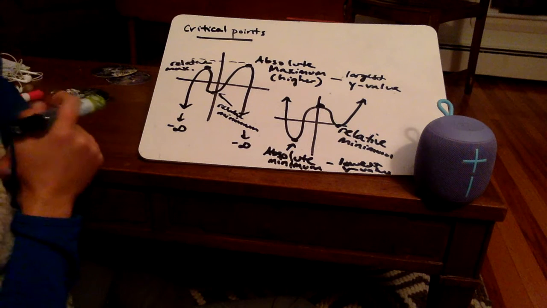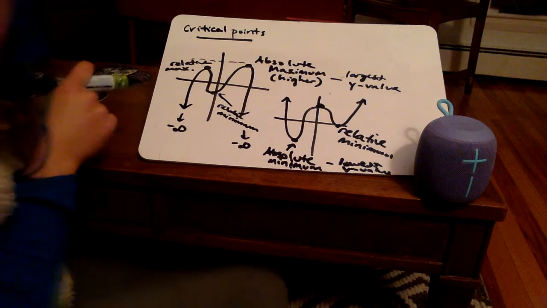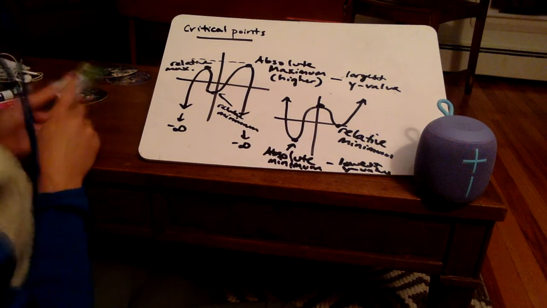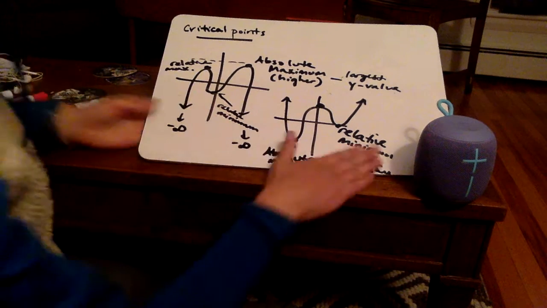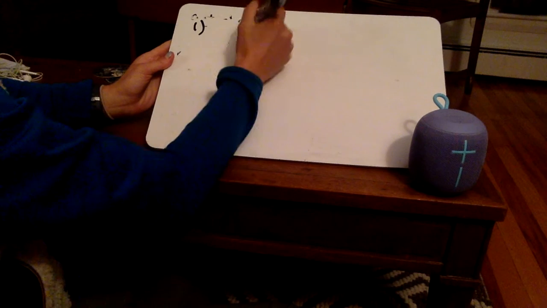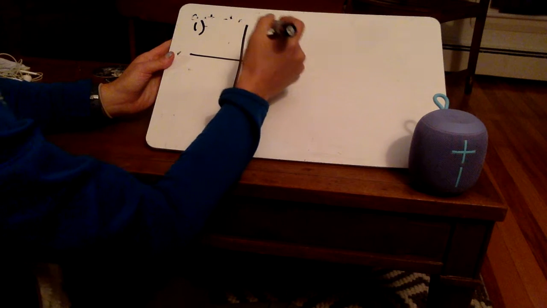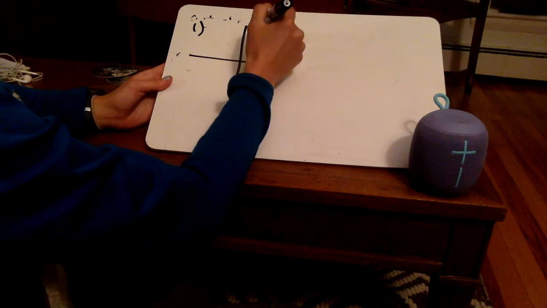And because the graphs are so small on your notes, we can just kind of guesstimate the values. So if I'm looking at number 1 on your notes, it looks like this. I've got my origin, and I have a pretty skinny parabola.